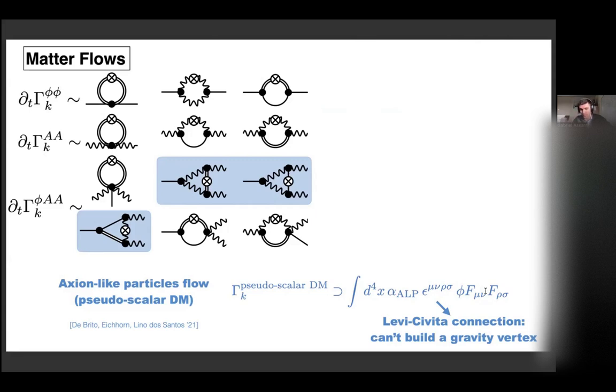This operator is built with a fully antisymmetric Levi-Civita. What this means is that you cannot raise the indices of F mu nu or F rho sigma in any way, because any metric will be killed by the Levi-Civita. So only these three triangle diagrams would contribute, because you cannot build any gravity vertices.